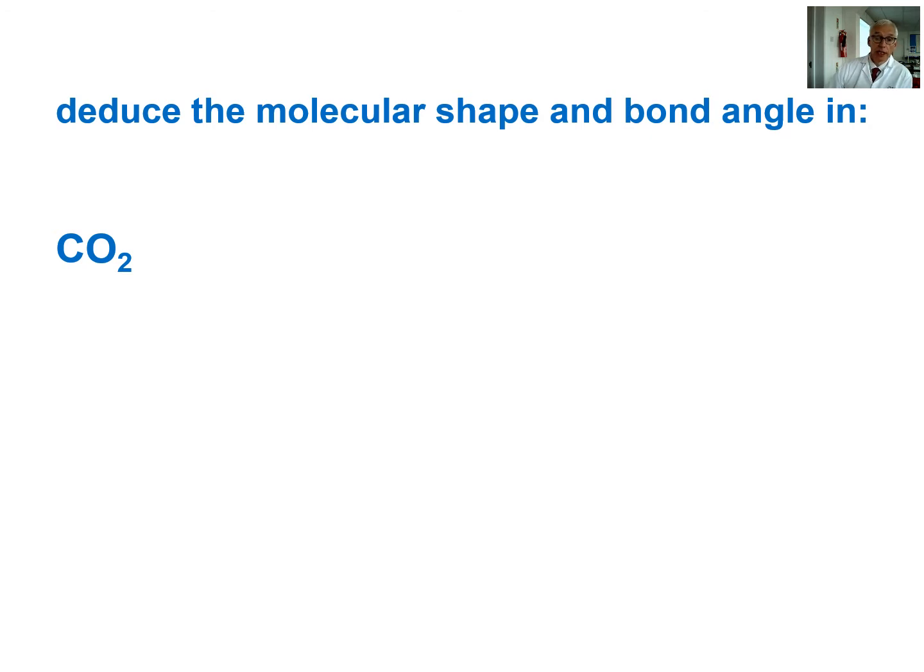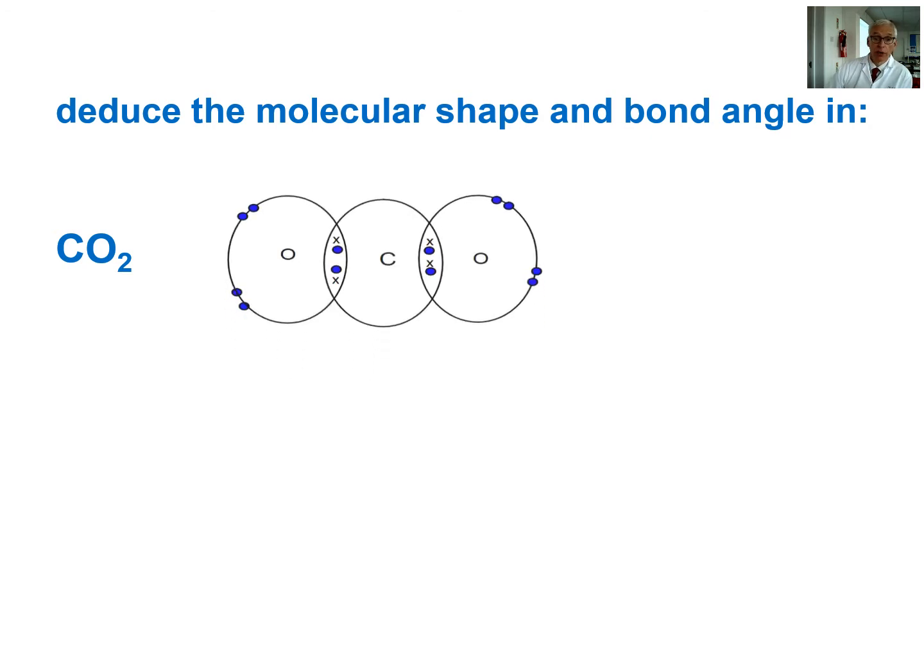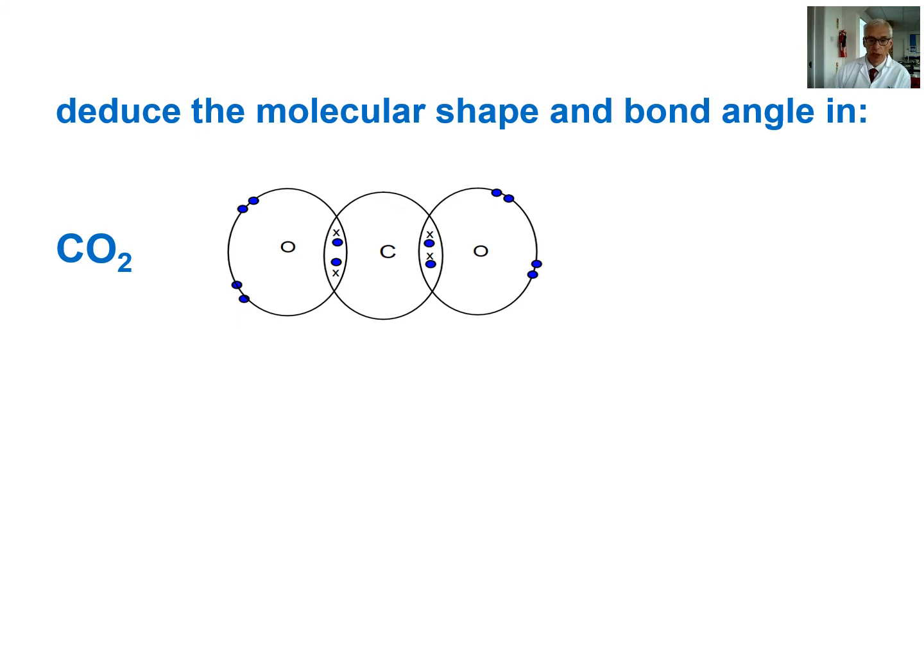Okay, so here is a dot and cross diagram for carbon dioxide, and you can see that there are 2 double bonds either side of the carbon, but one of the assumptions is that we treat a double bond like a single bond. So this would be 2 bond pairs around a central carbon atom, which is just like beryllium dichloride, our first model.